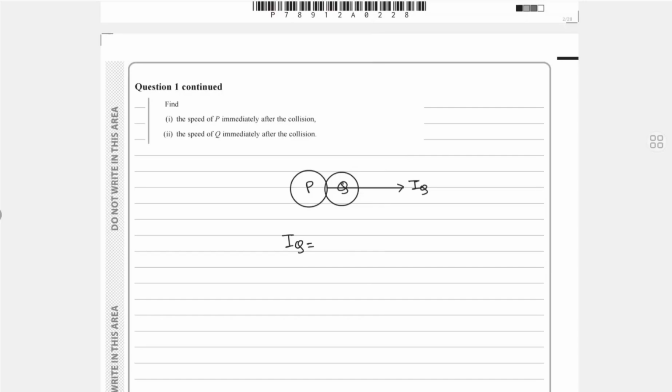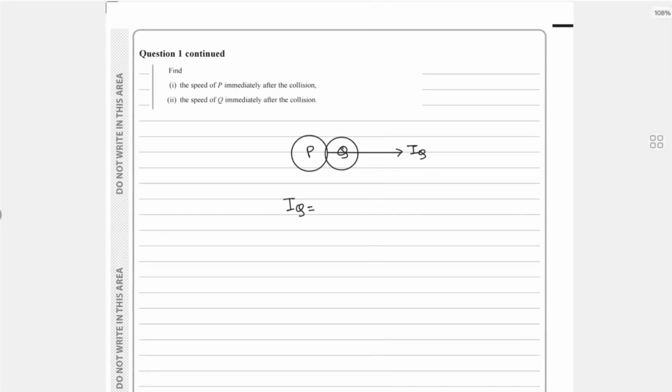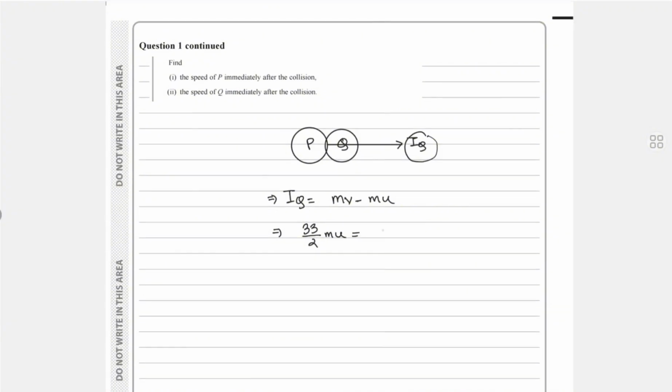We simply need to find the change in momentum of Q, mv minus mu, and the magnitude of the impulse would be the same. So IQ, since it's on the right-hand side, would be positive 33 by 2 mu, and the mass of Q was 5m. We can take it common: vq minus the initial velocity, which was minus 4u.